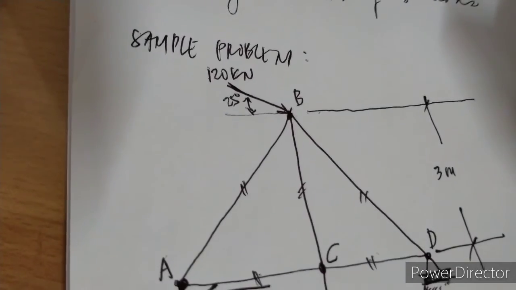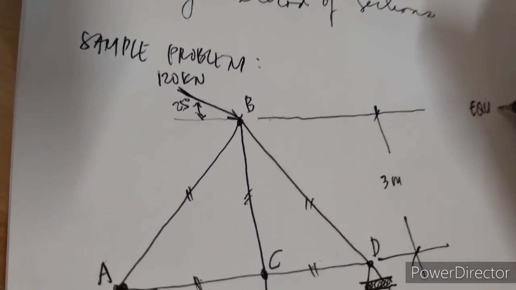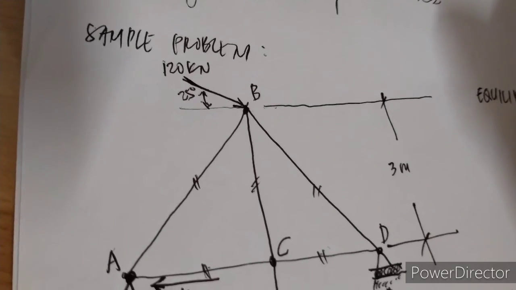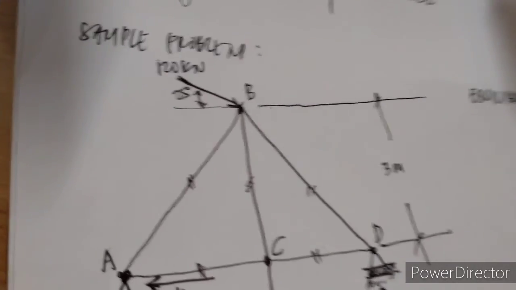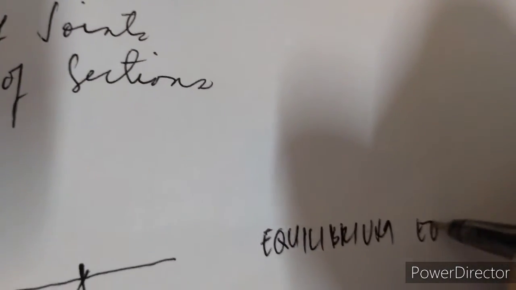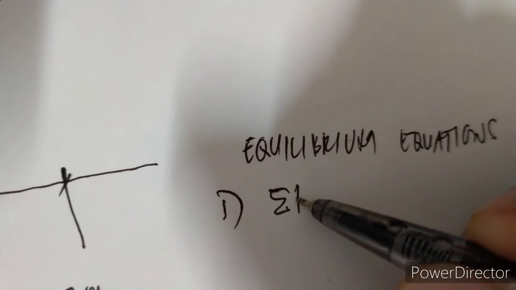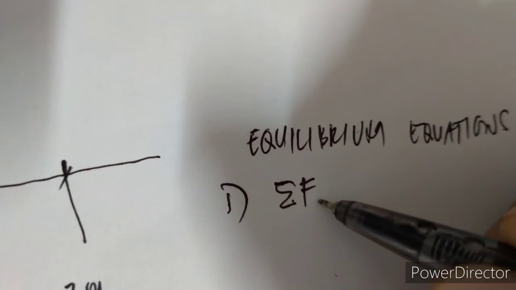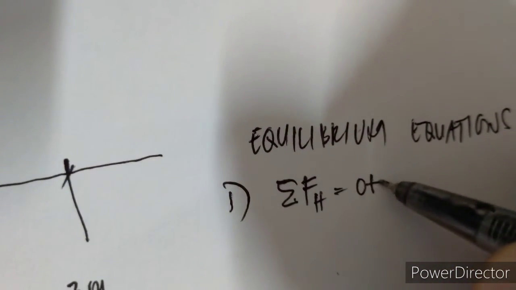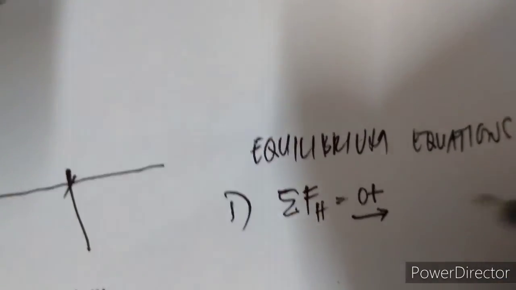Okay, so let's try to state. So what are those? The equilibrium equations. Number one, we have summation forces horizontal is equal to 0, positive going to the right.